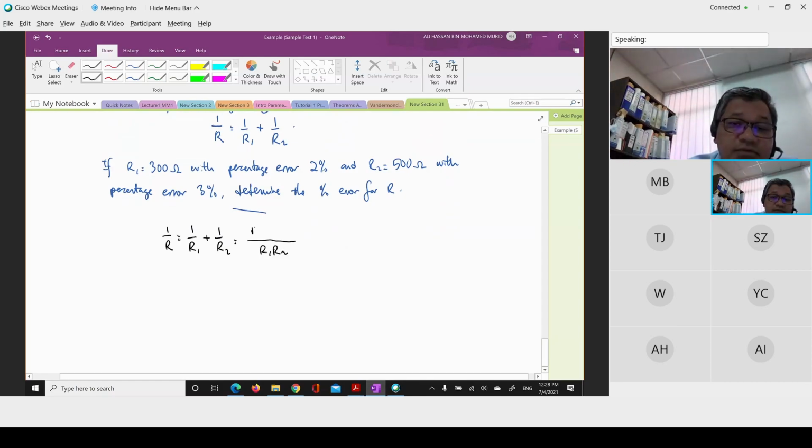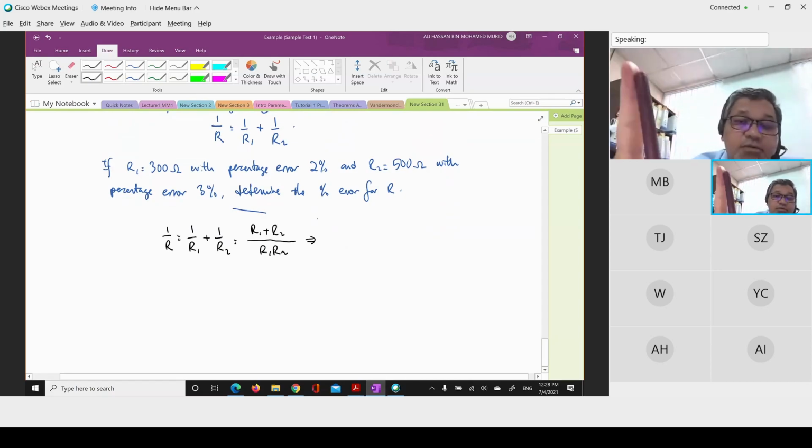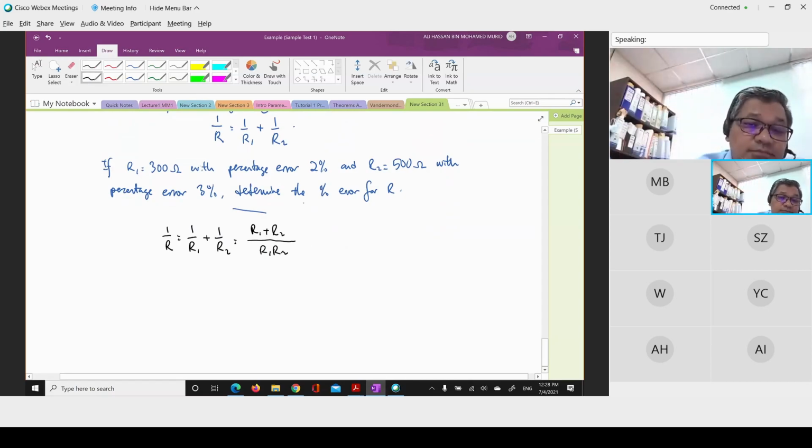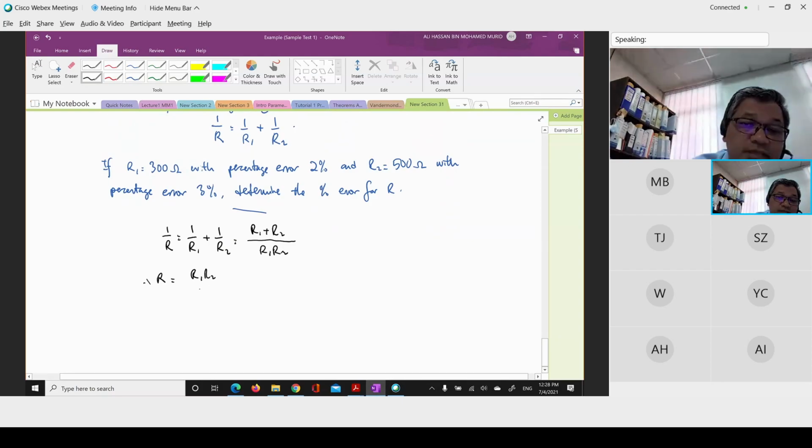So upstairs we have R1 plus R2. Therefore, if we take the reciprocal, we get R equal to R1 R2 divided by R1 plus R2, okay? So R is a function of two variables here, R1 and R2.